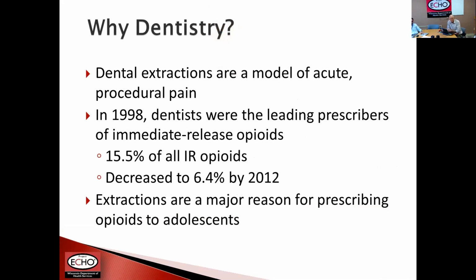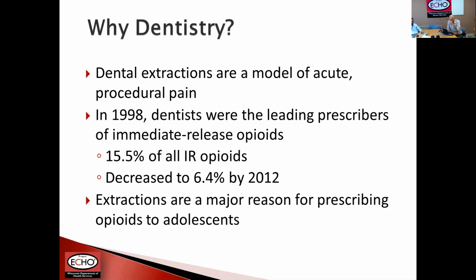One of the reasons that I chose dentistry is that it is a model of an acute procedural pain. When you look at the analgesic equivalence tables that we're all familiar with, that illustrate the amount of oxycodone that it would take to be approximately equal analgesic to morphine, similarly hydrocodone and so on, these are largely developed through comparative studies that have looked at procedural pain, like extractions of the third molars, otherwise known as the wisdom teeth, or bunionectomies.